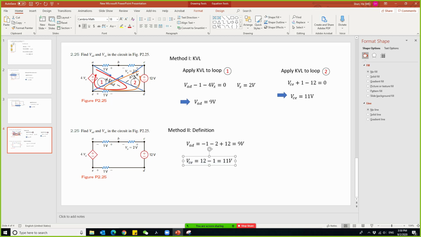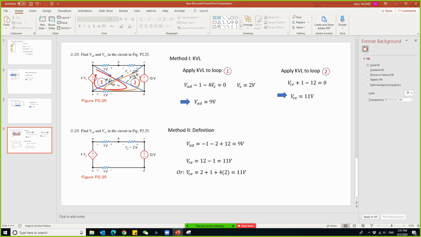You can also do it the other way. I'm going to find VCE from here to here, the voltage drop. The first voltage drop from here to there is 2 volts. The next drop is 1 volt. The next drop is 4 times 2 volts. So you can also get 11 volts from that. So either way is fine.